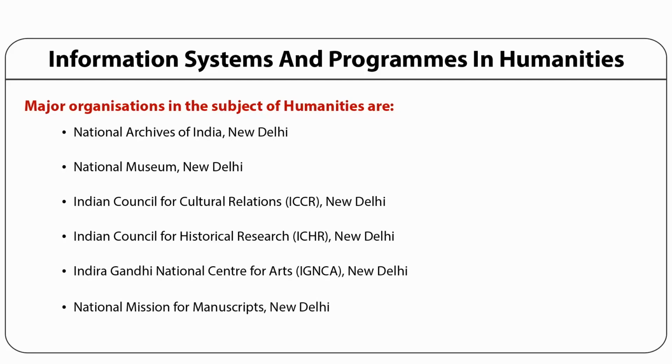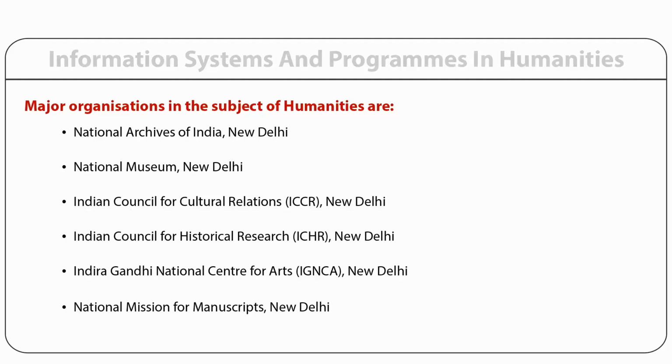In India, besides the mentioned ones, several other organizations have also come up to promote and support research activities in the field of humanities. Libraries and information centers attached to these organizations help researchers and users in their activities.